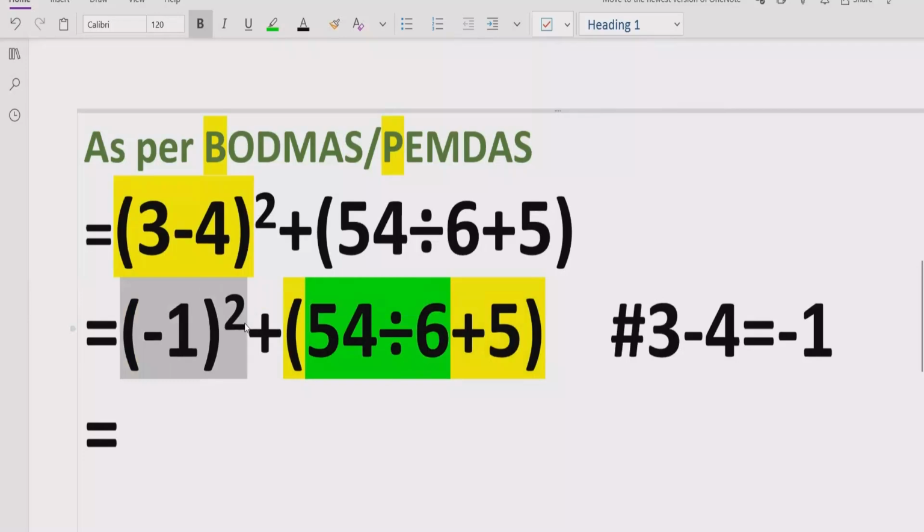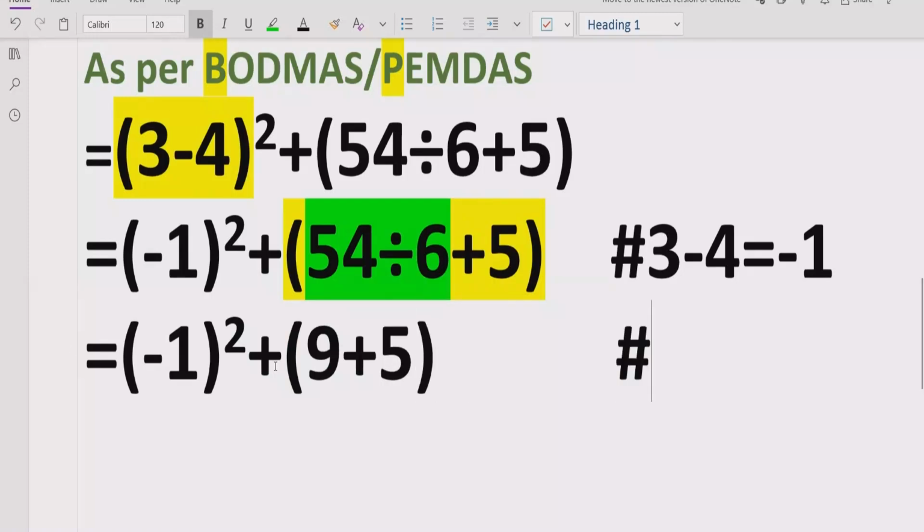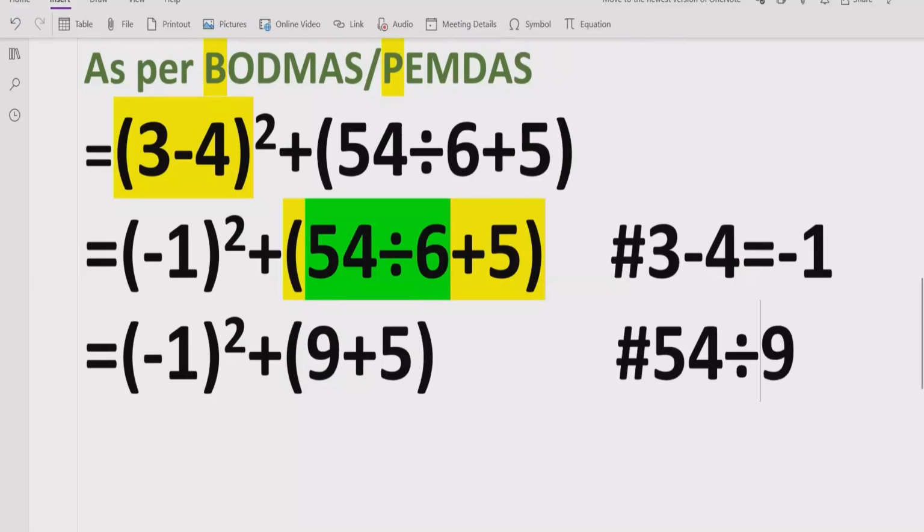Again, we write this part as it is, and plus. Now, 54 divided by 6 becomes 9, plus 5. And here we give the reference: 54 divided by 6 equals 9.